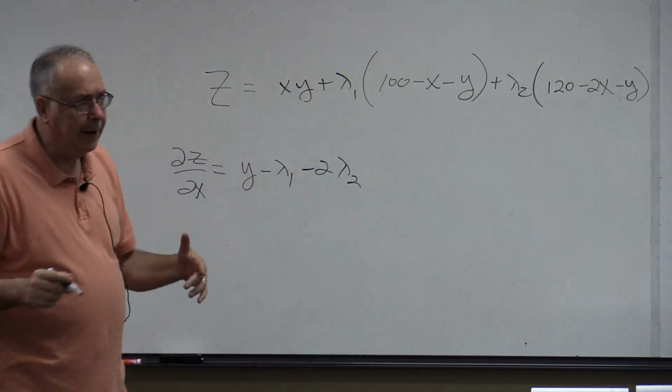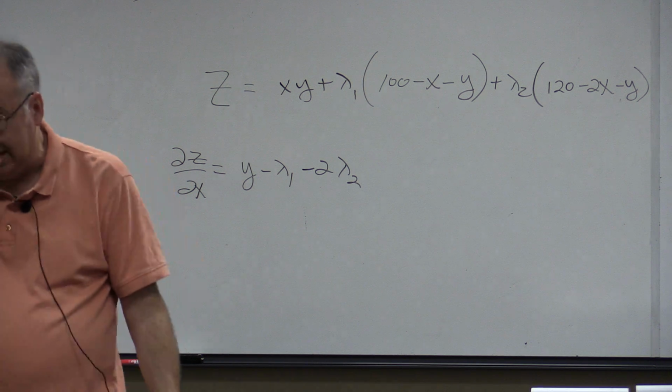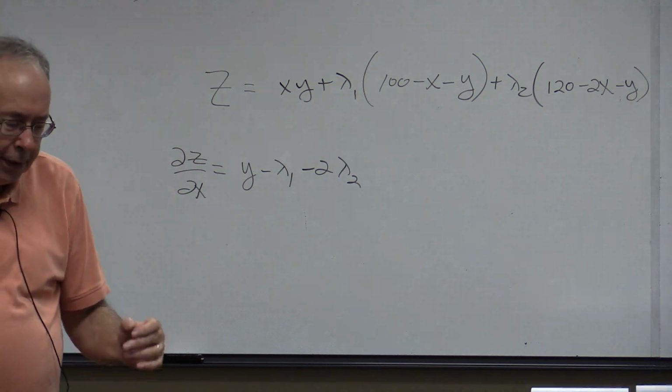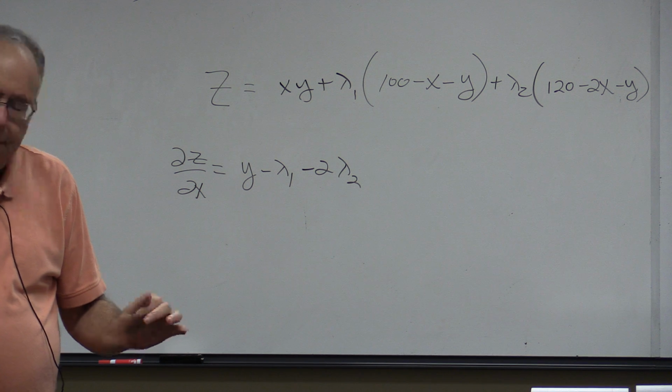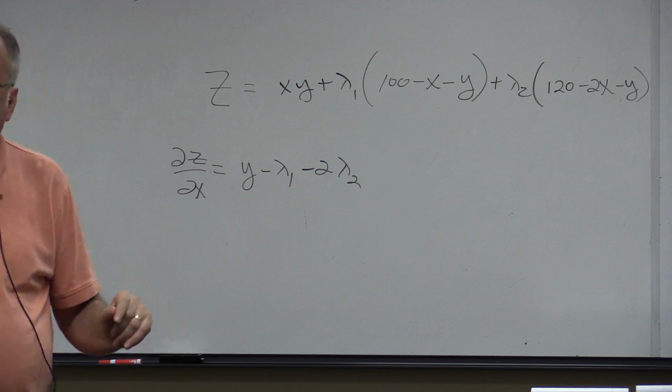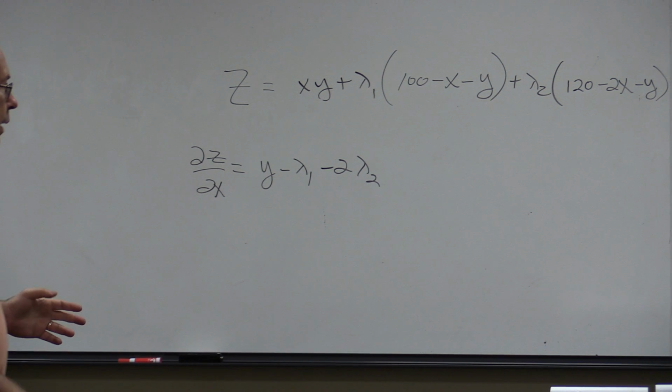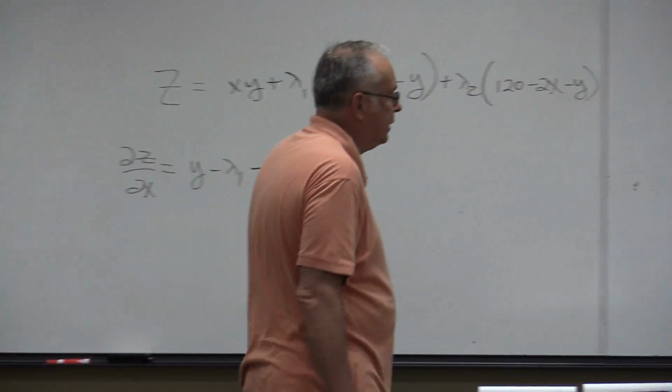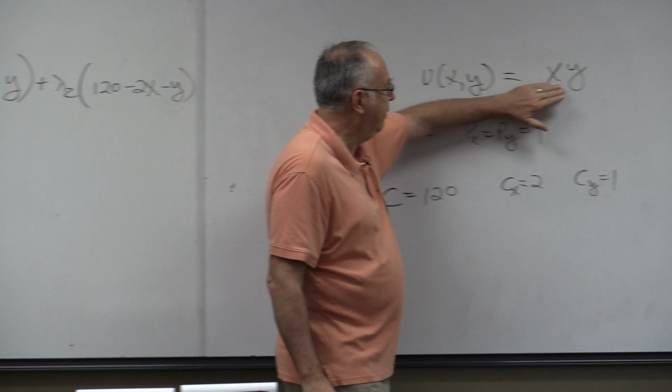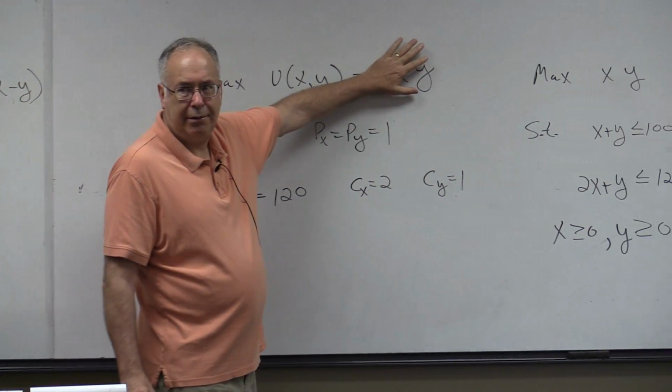Now, let's follow your suggestion, Kelsey, and let's assume that this income constraint is exactly binding. That would be an obvious assumption to make, because if x were 0, utility would be 0.